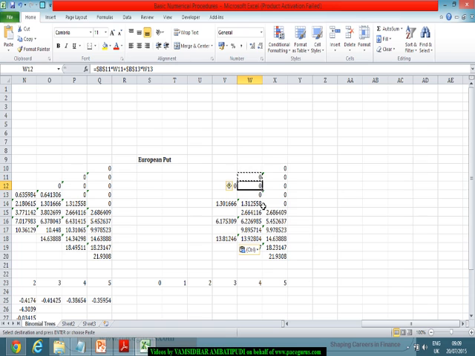Then again the expected value, then again the present value. Then the expected, then the present again.